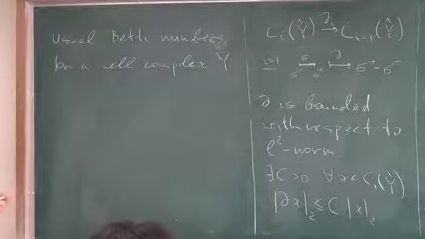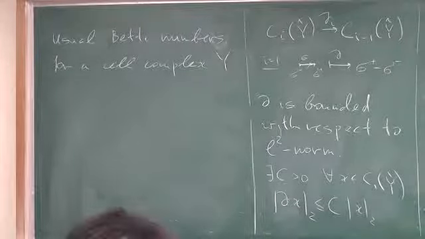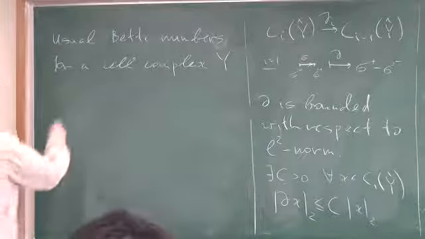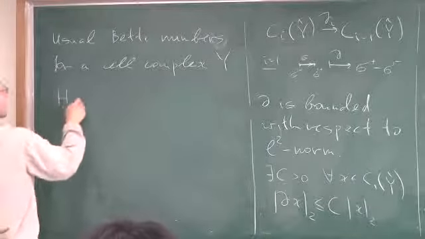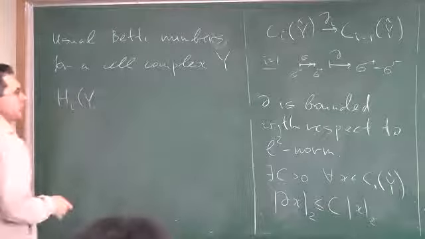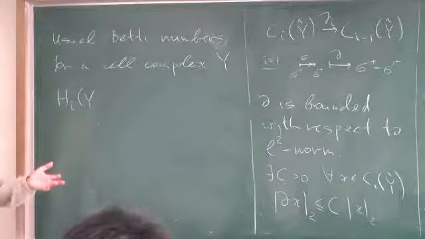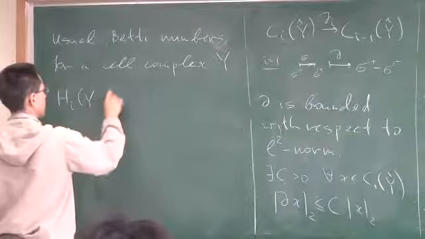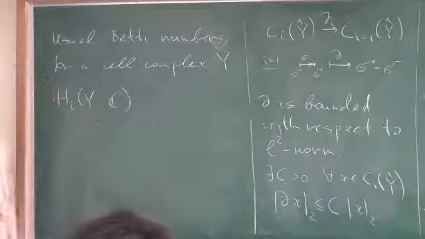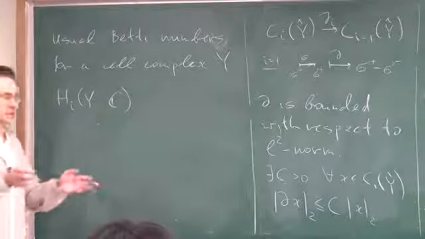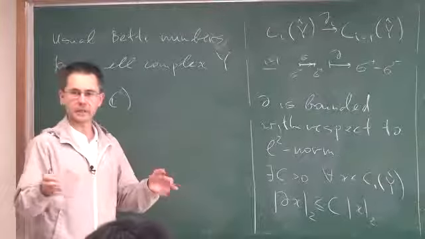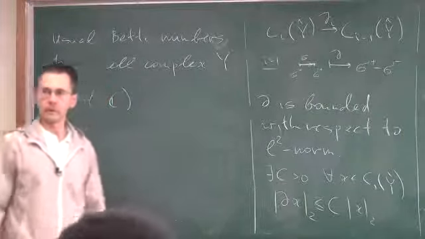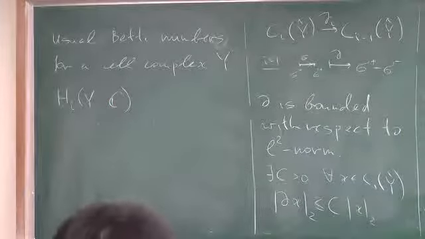How do you define usual Betti numbers for a cell complex? You take the i-dimensional homology of Y with some coefficients. For example, I could take real numbers or complex numbers, or integers. With integers it's a little bit trickier, so let's take, say, rationals or reals, or let's take some field.